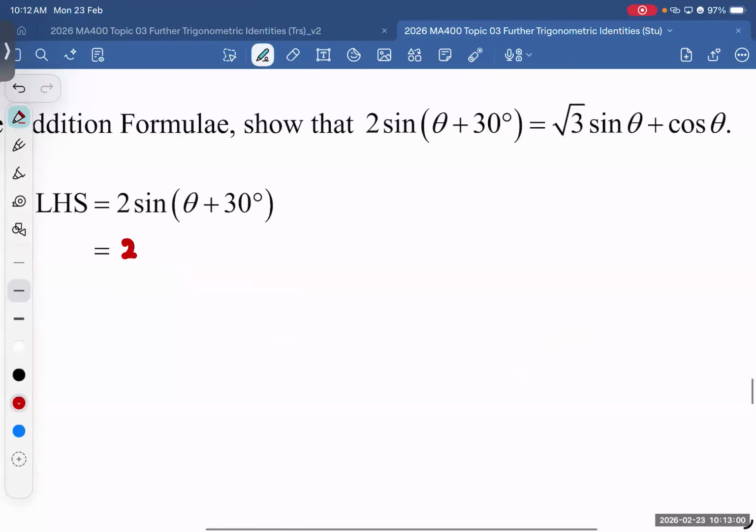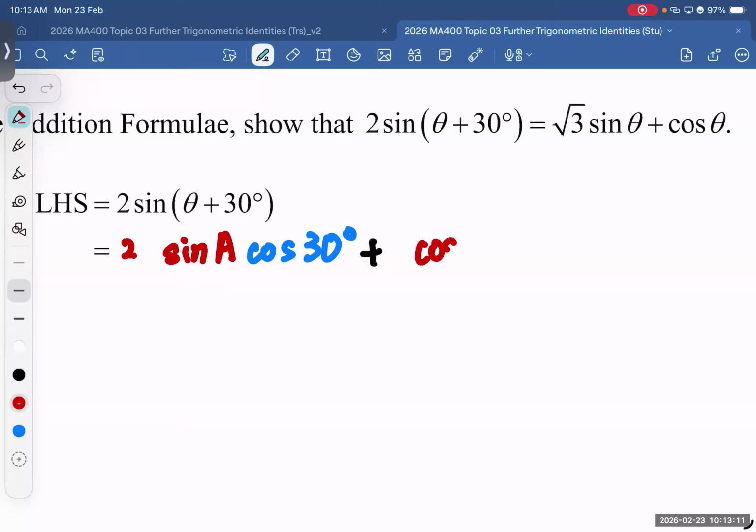Sine A cos B plus cos A sine B. Oh, not A, it's theta. Sine theta cos 30, plus cos theta sine 30, with a bracket outside.